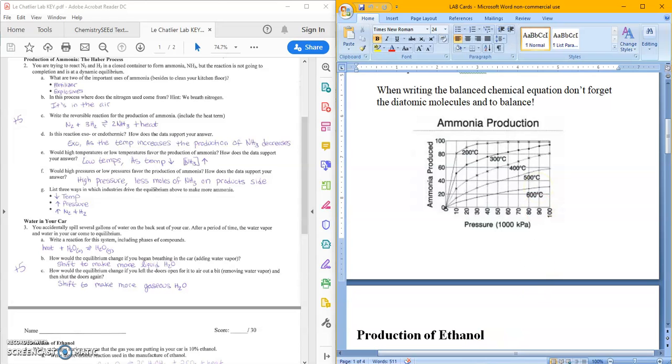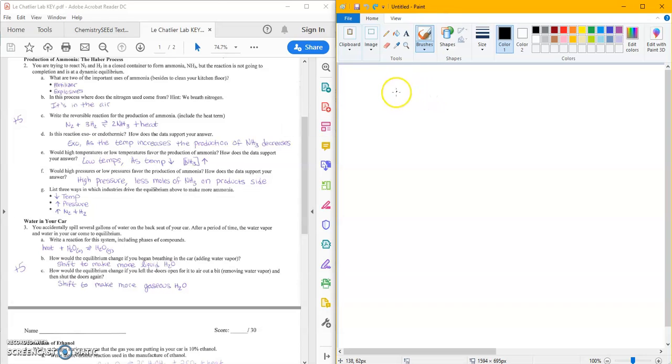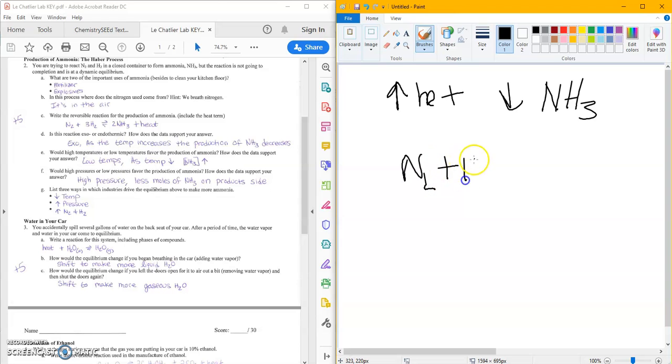So when I do this, I know that high heat makes less ammonia. When I'm writing out my equation, I have ammonia. When I increase the heat, I want less ammonia, so that means if I increase the heat, it's going to go over to the reactant side.